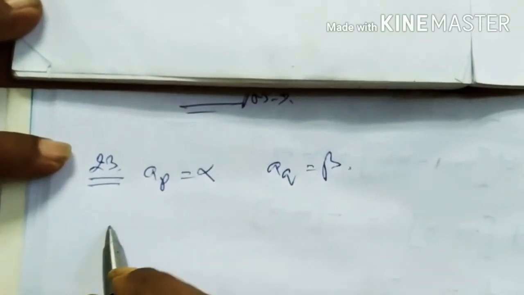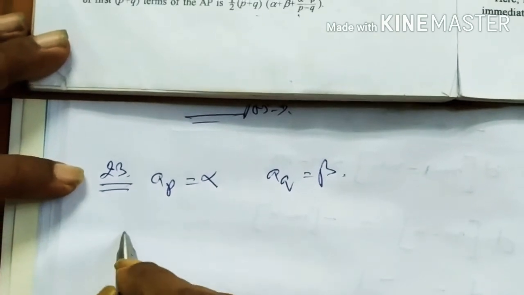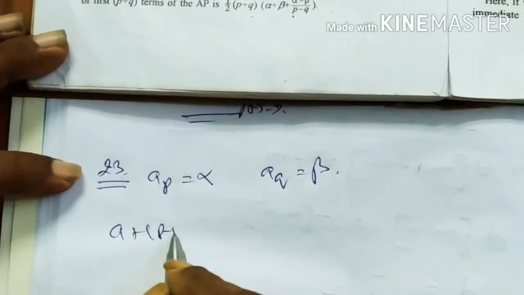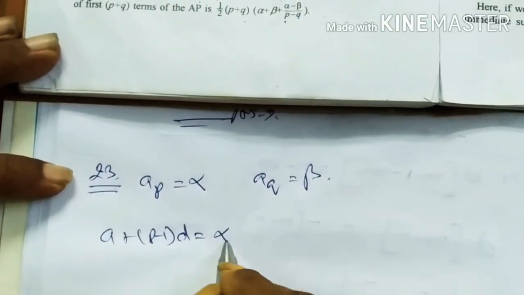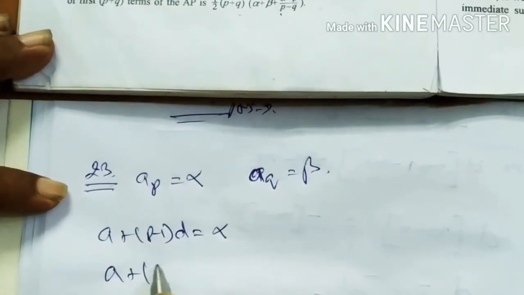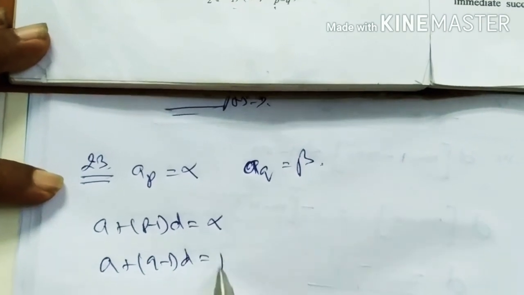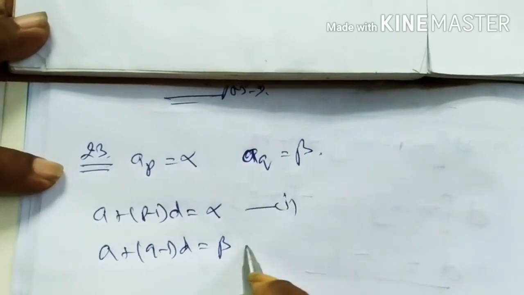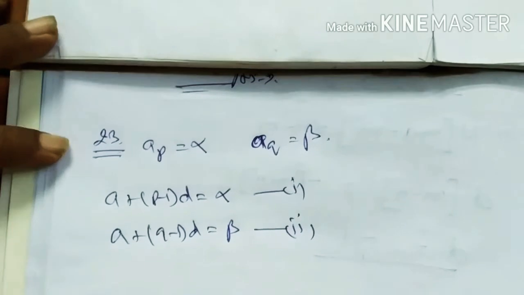So AP, A plus (P minus 1)D is equal to alpha, and AQ, that is A plus (Q minus 1)D is equal to beta. This is equation 1, and this is equation 2.